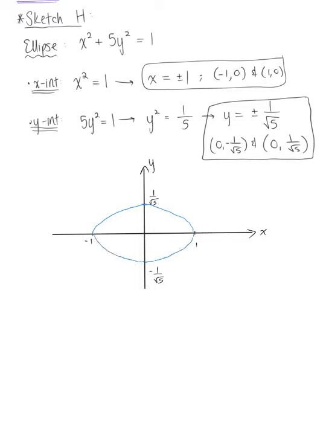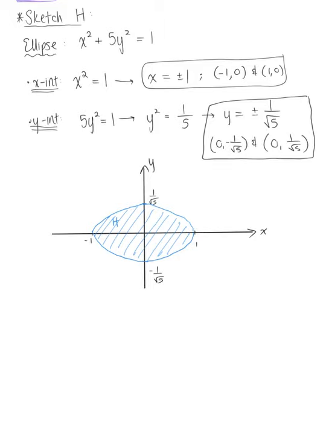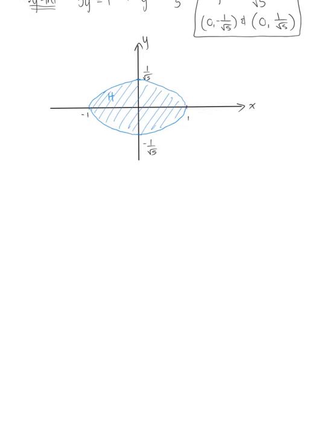And we're thinking about the space within this bounding curve. So this is our set H here. Using this, we're going to be able to find algebraic examples to demonstrate how this set is not a subspace of R2.